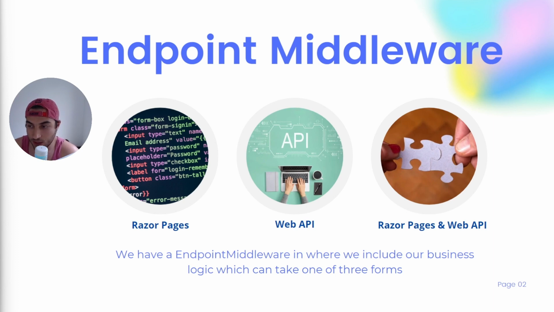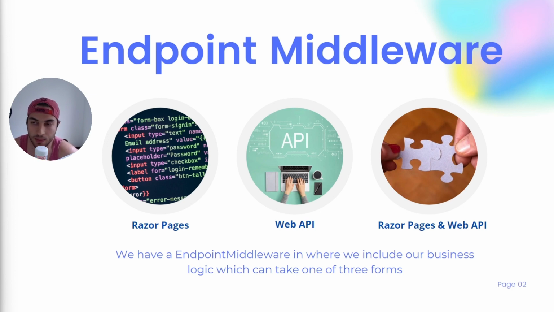And according to the definition, we have an endpoint middleware in which we include our business logic, which can take one of three possible forms. One is going to be Razor Pages, which are responsible for basically generating the server-side HTML templates that the users will see and interact with in the browser.